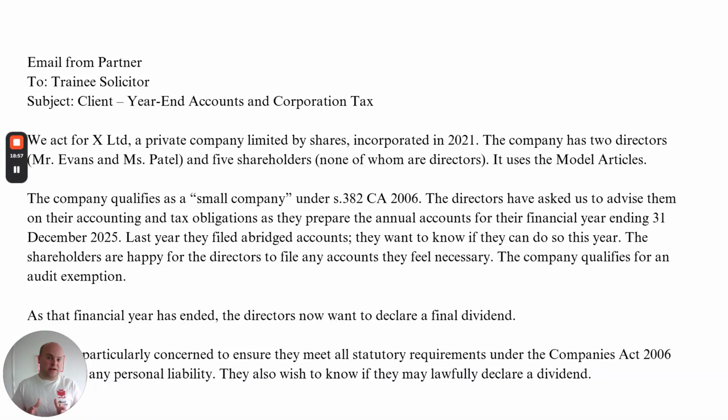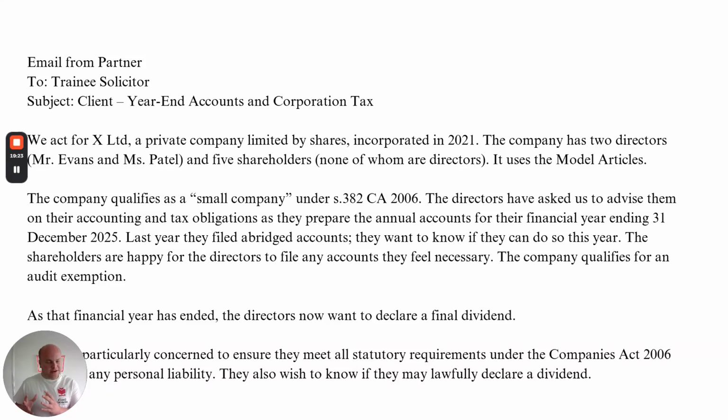Basically, if we were to distill it down, as you might expect, micro entities and small companies have relatively basic accounting and filing requirements. And then medium, large and public companies essentially have full accounting requirements, including an audit requirement, whereas micro entities and small companies are exempt from audit on the whole.